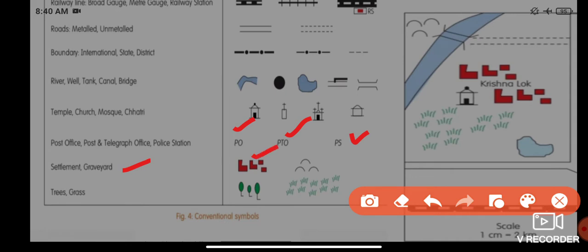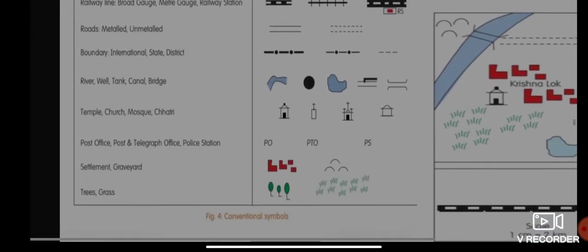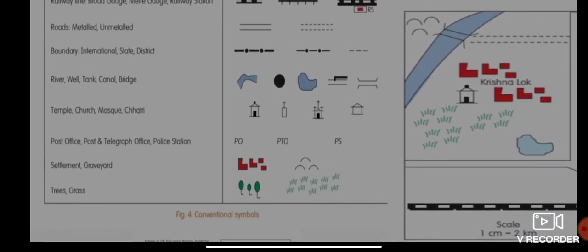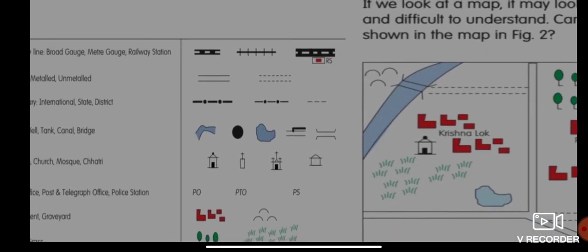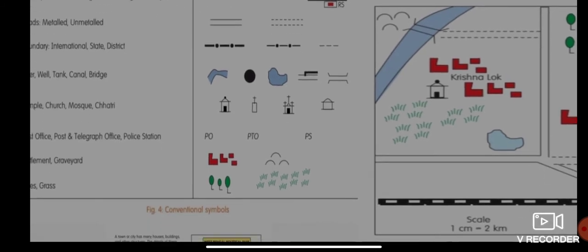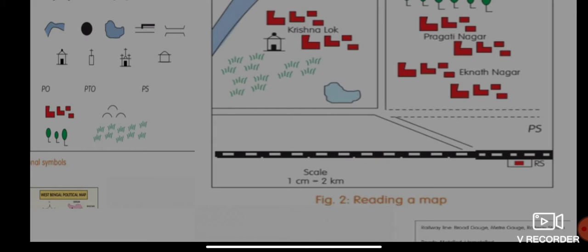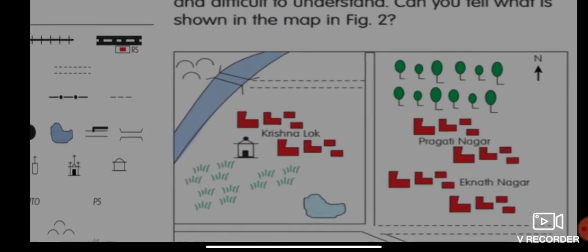This is a settlement and this is a graveyard. Trees and grass. These are trees and these are grasses. Alright, so this is how you will find them in the map. All these symbols indicate certain things in the given map. So after you are done with these conventional symbols, with these symbols you have to read this map.